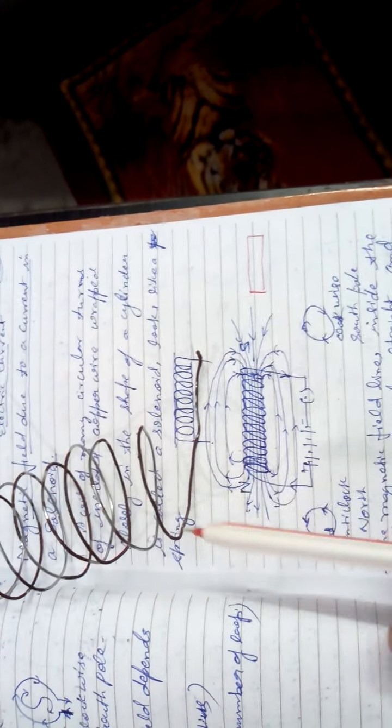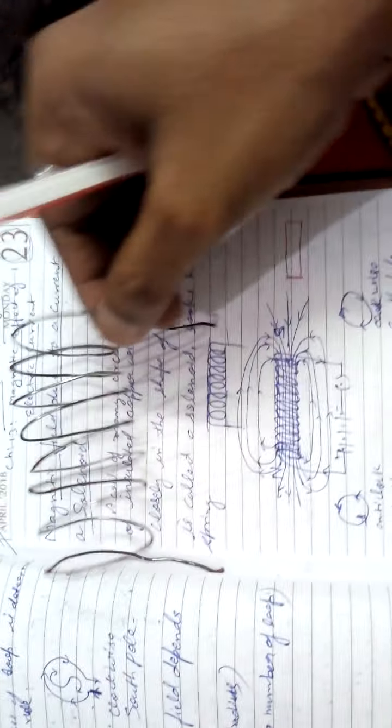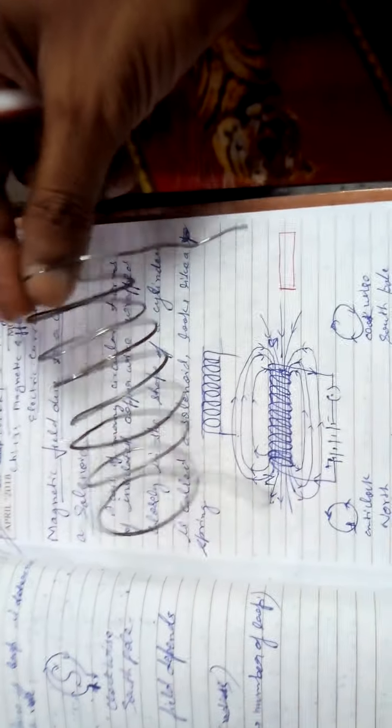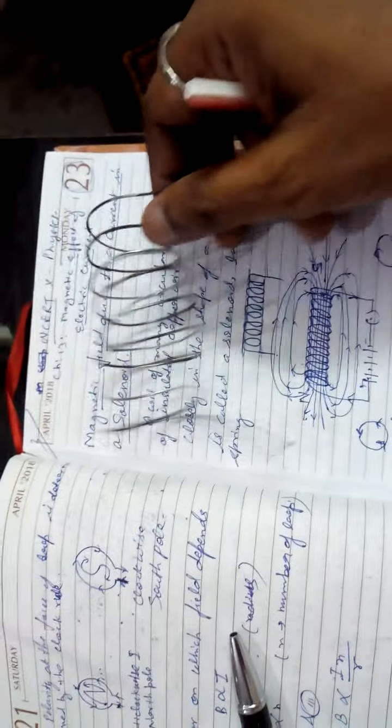From here it goes around the turns and comes out from this side. Here I am showing you the current coming from this side to this side.